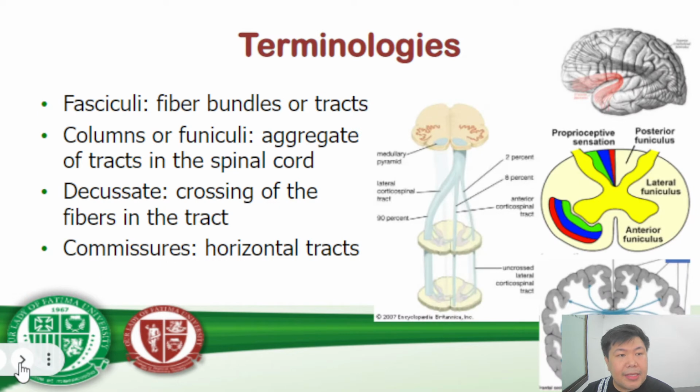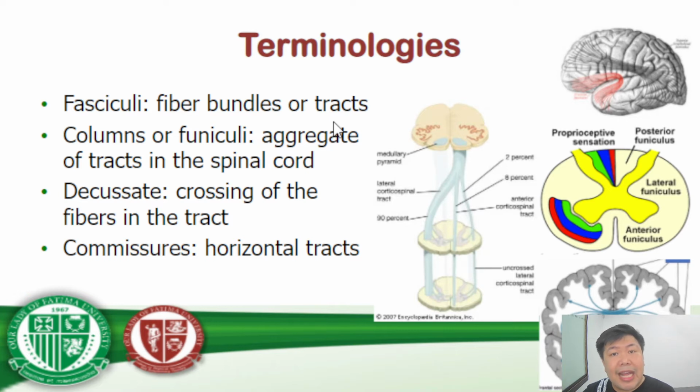Okay? Some additional terminologies that you'll discover and encounter in neuroanatomy. First is fasciculi. When we say fasciculi, these are fiber bundles or tracts. Imagine walis tingting, no? So when you group together those small pieces of wood, tawag natin sa kanya fasciculi.